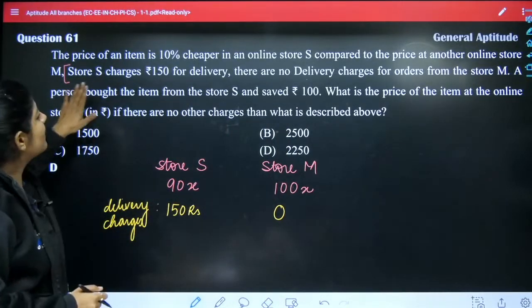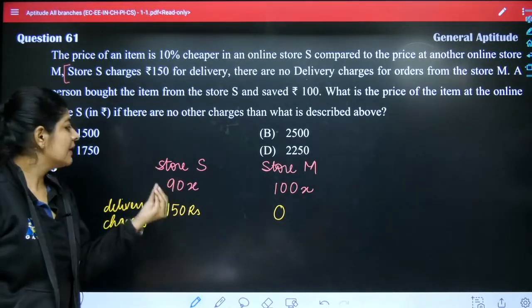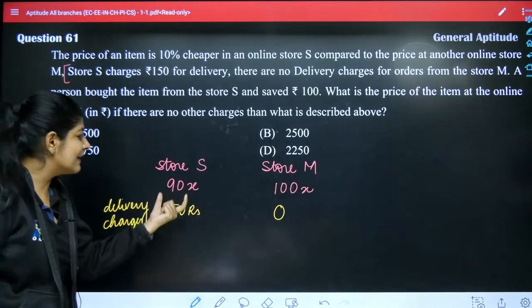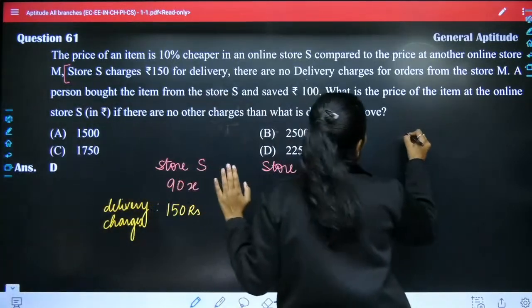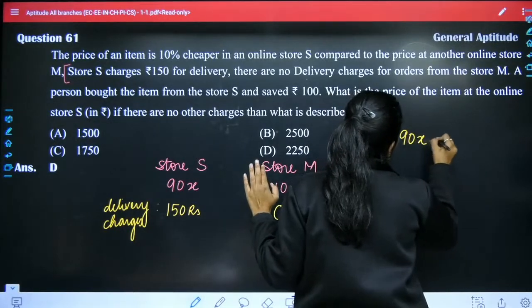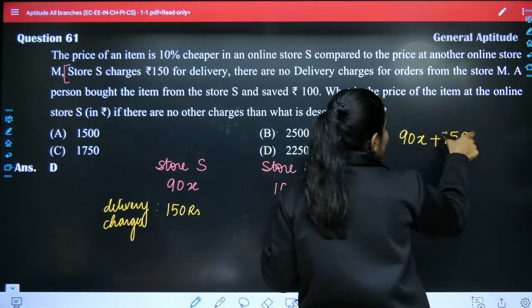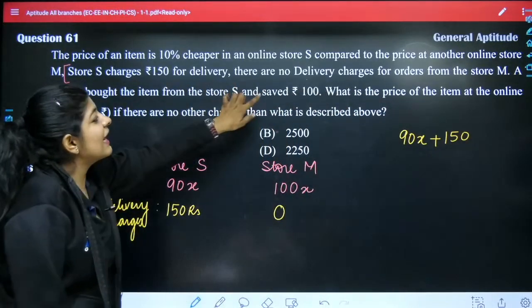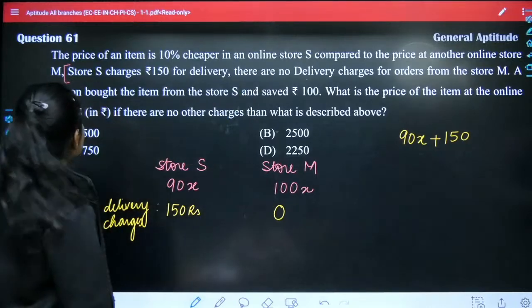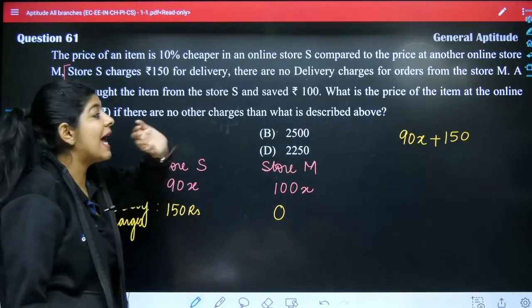A person bought the item from store S. What total amount does he have to pay? He has to pay 90x plus 150, right? 90x is the price of the item and 150 is the delivery charge, and he saved 100 rupees.